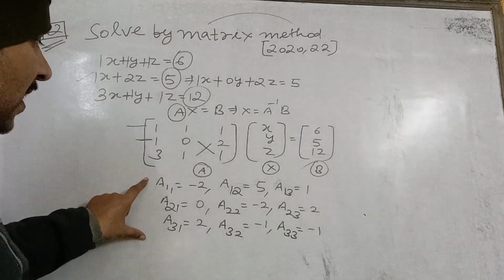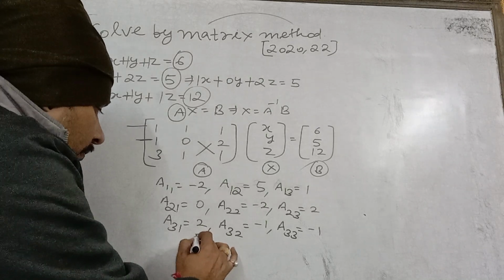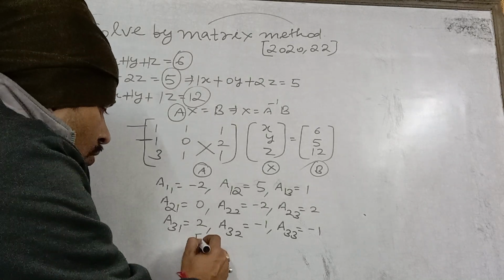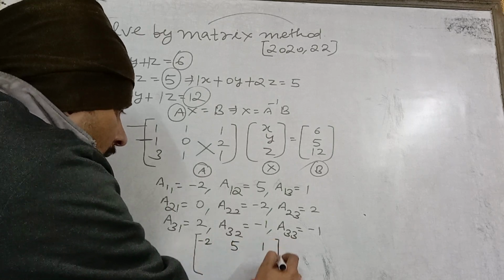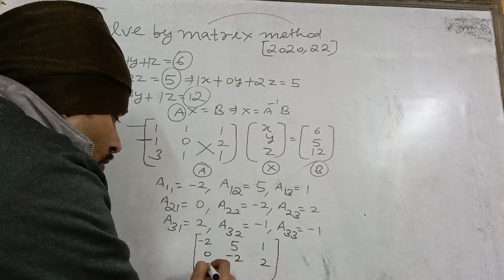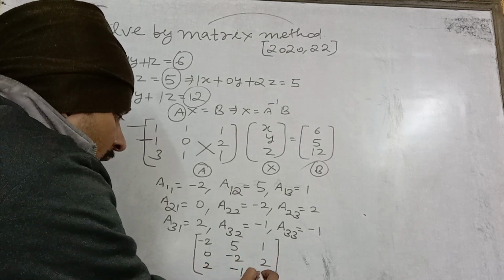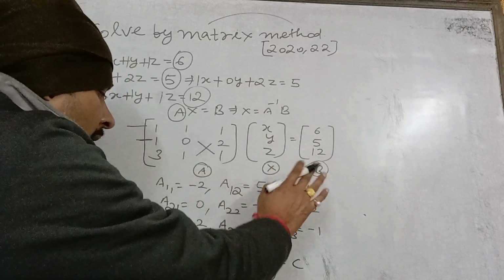Now these are the cofactors. Now write these cofactors: minus 2, 5, 1, and this value becomes 0, minus 2, 2, 2, minus 1, minus 1. Let this be C because A and B are already used.